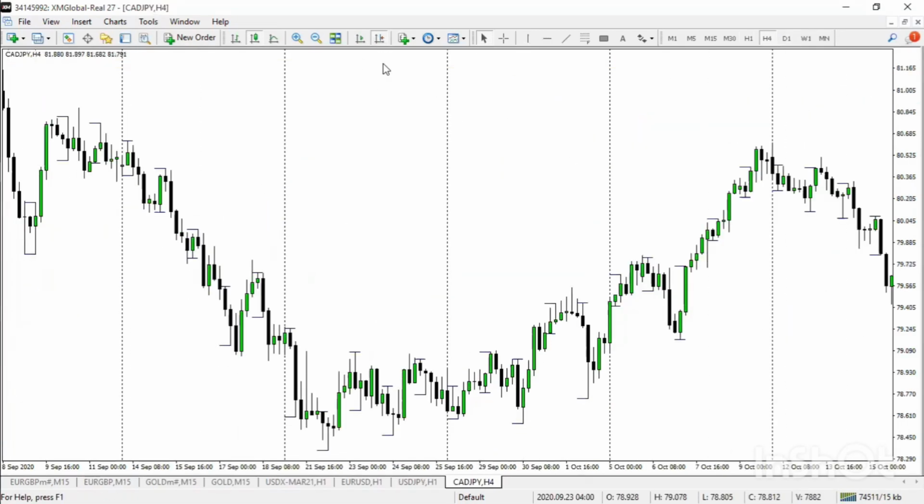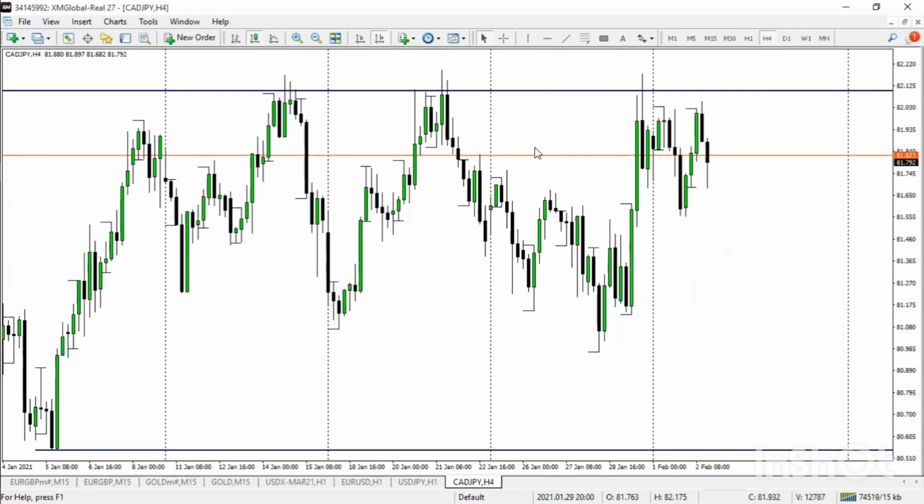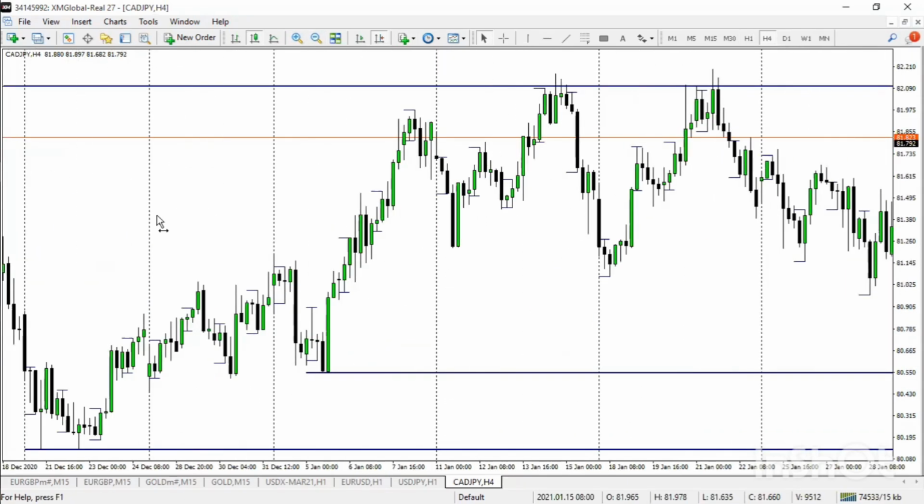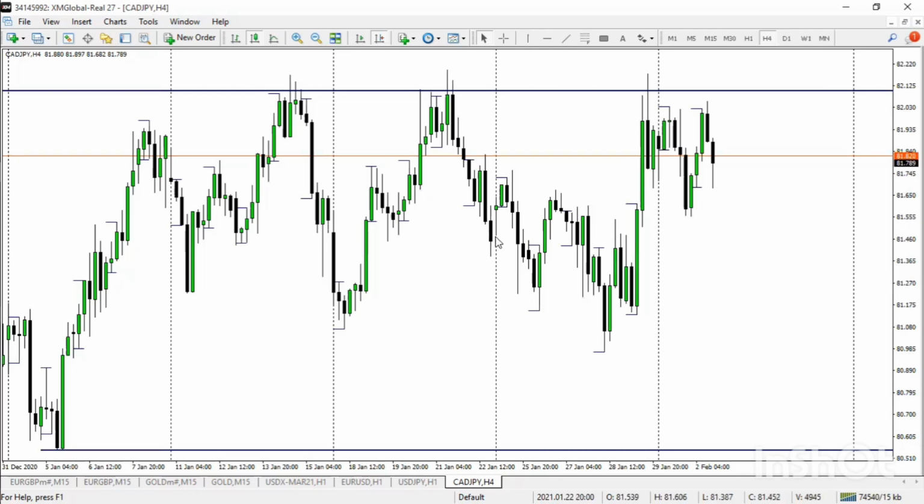So 4 hour, let's see now. This looks messy, man, but anyway, let's try it and see. Deep premium, deep discount. This was the bullish BMS, and this was a higher high, higher low. Failed to make a high. BMS daily is bearish. 4 hour is bearish.